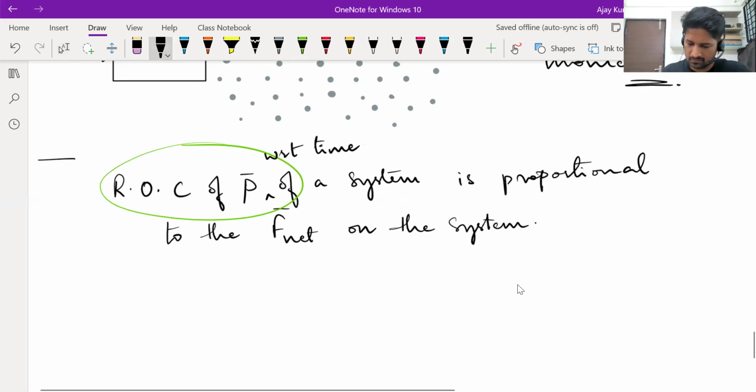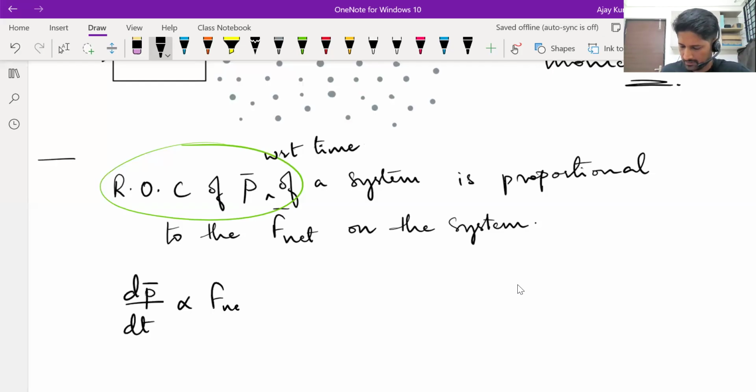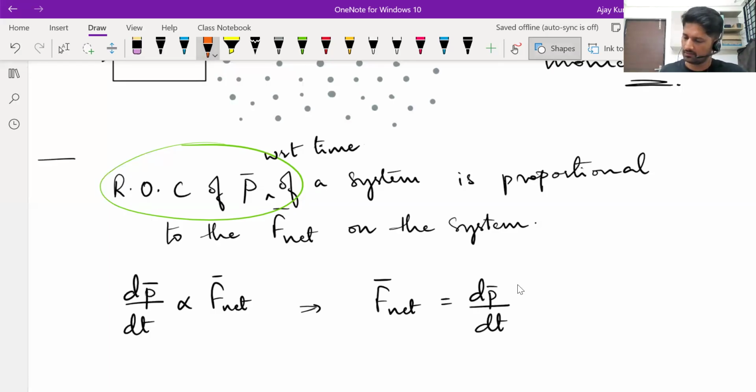Correct. The instantaneous rate is dp by dt, proportional to the net force, and the proportionality constant is 1 itself. So you can say that the net force acting on the system is the rate of change of its linear momentum. This is Newton's second law.